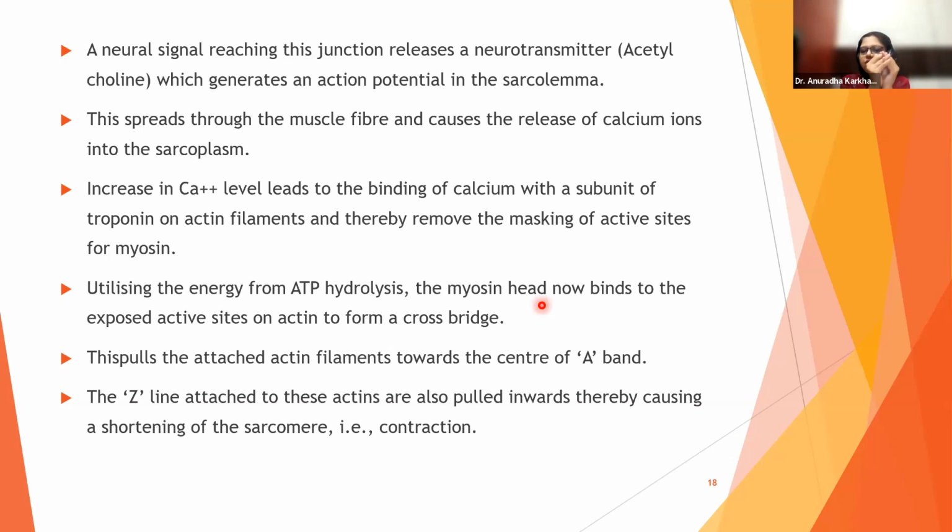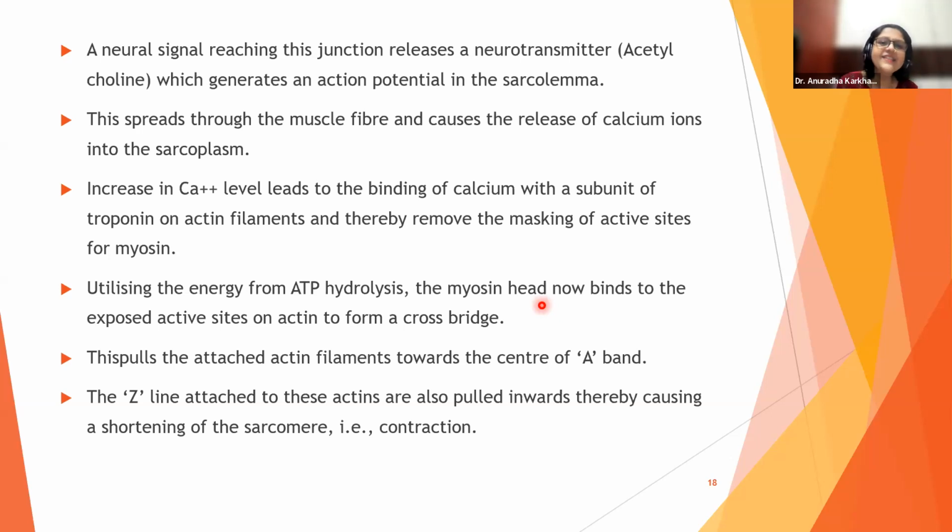So until now troponin was clipping, pegging the tropomyosin, correct? So who removed the troponin? Calcium did. So troponin has got more love for calcium ions than the actin, is what I had told you.